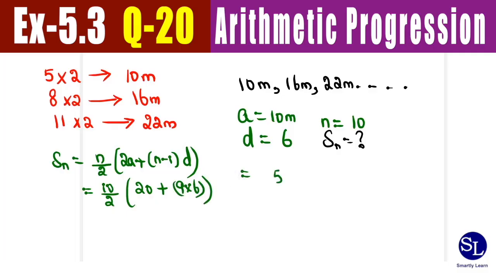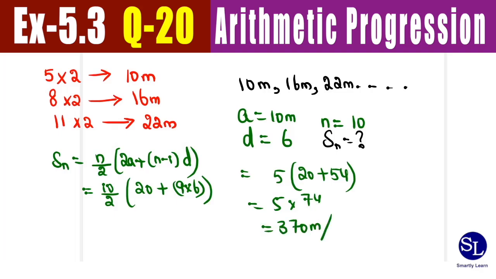So 10 by 2 is 5, 5 into (20 plus 9 sixes are 54). So 5 into 74, the total distance the girl has to travel will be 370 meters. So the total distance covered by the girl or the competitor is 370 meters.